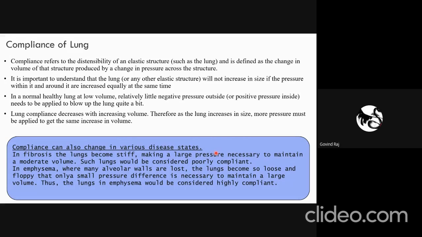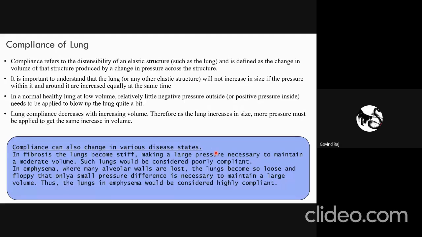This causes a reduction in the elasticity. This causes the lungs to become more loose and more easily expandable, and this nature is known as floppiness. So these floppy lungs, with only a small difference of pressure, will begin to expand.